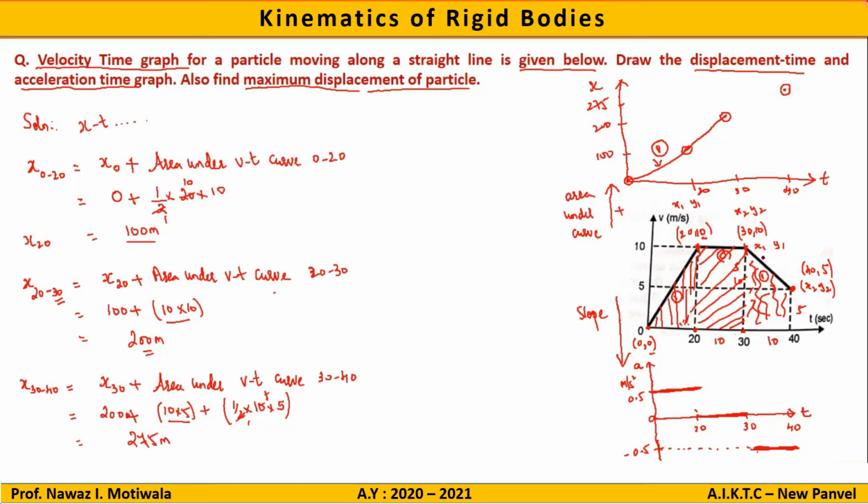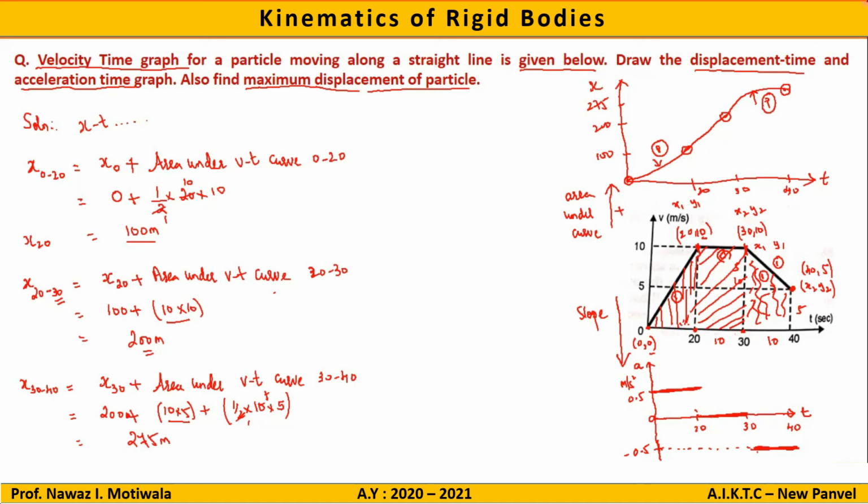The degree of the curve corresponding to it in the VT diagram is a 1 degree curve, but it is a decreasing 1 degree. So if it is a decreasing 1 degree, here the curve will be a 2nd degree, that means a parabola, but the nature will be like this. This is again a parabolic curve. Now why it is like this, we have already discussed in the previous sessions.